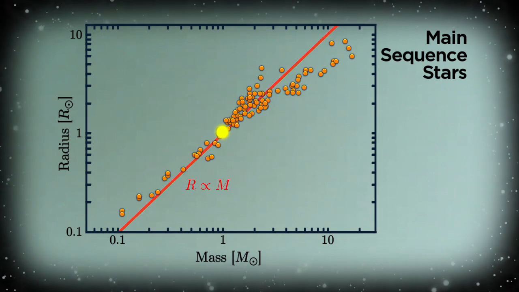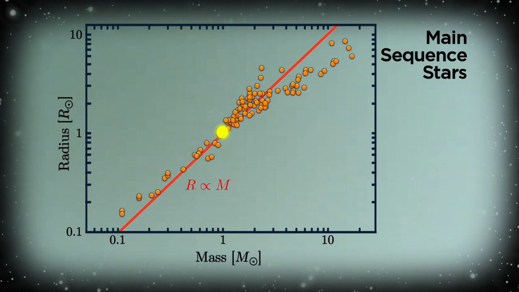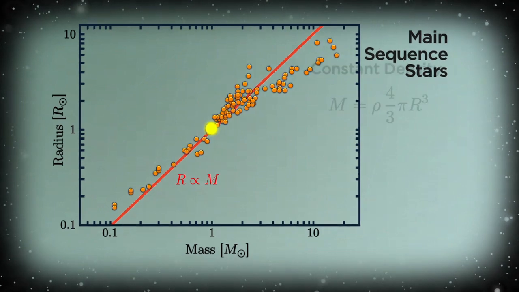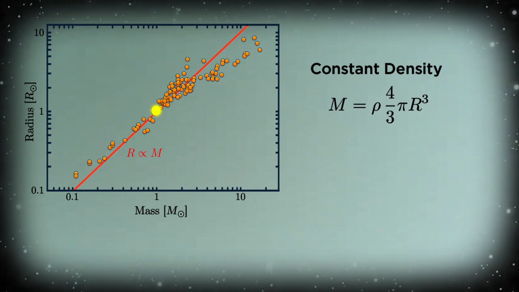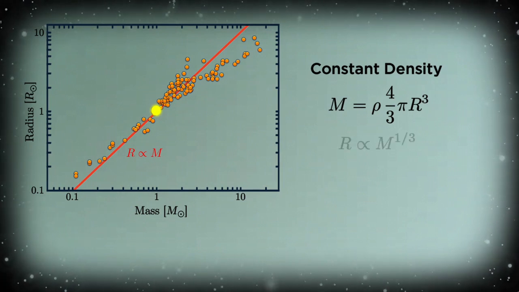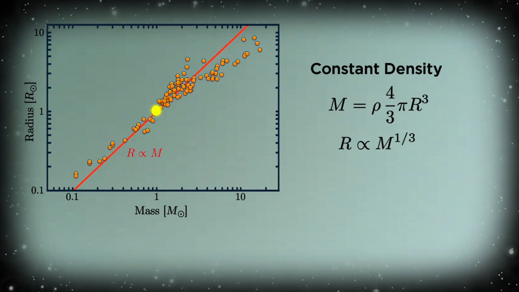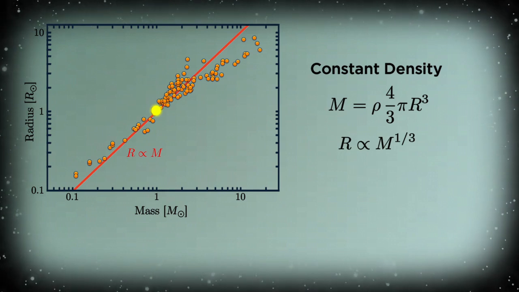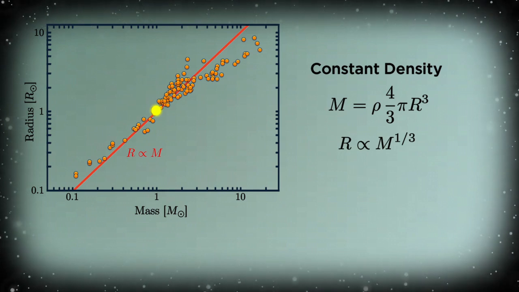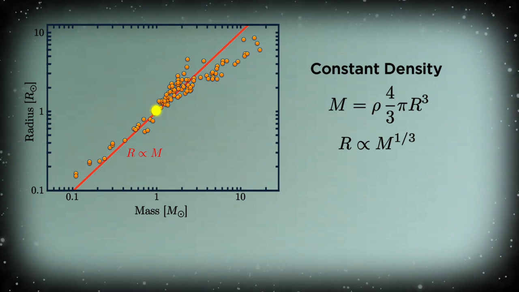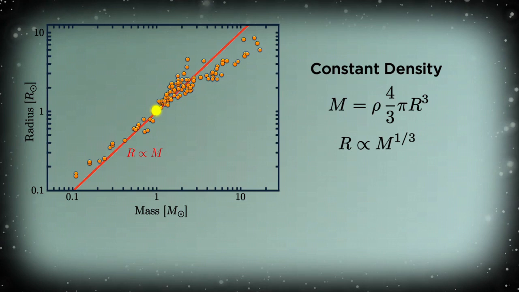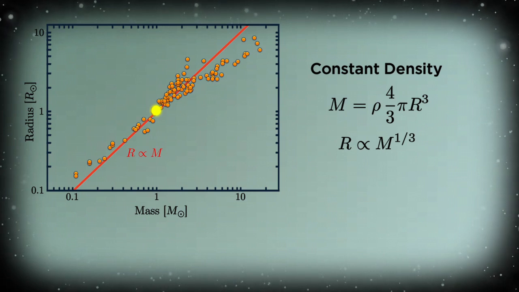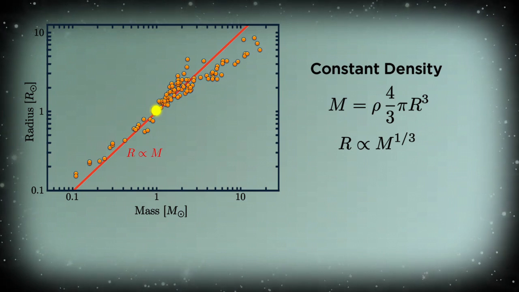If all stars had the same density, ρ, we would expect m to be equal to density times volume, ρ times 4/3 pi r cubed, which would imply r is proportional to the cube root of m. But the data say otherwise, and we conclude that main sequence stars don't all have the same density. How do their densities vary from star to star?